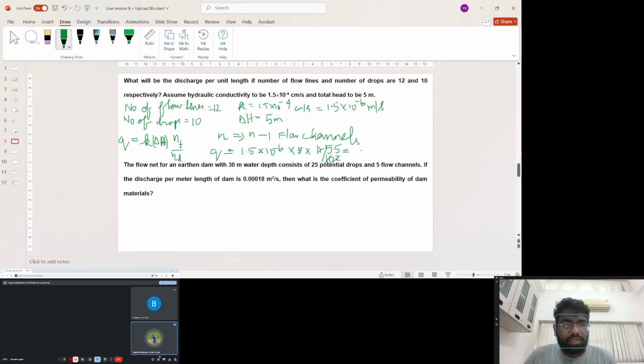So you will get the value as 8.25 into 10 power minus 6 meter cube per second. Alright. Any doubts?